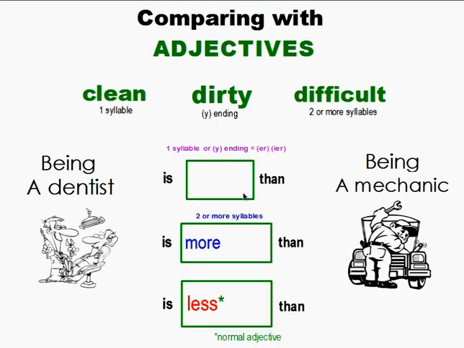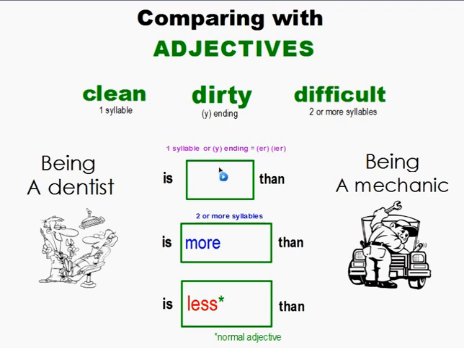Now, if I'm using an adjective with one syllable or a Y ending to compare, I use the adjective and ER, or the adjective and IER. Which adjectives are one syllable? The answer is clean and dirty.